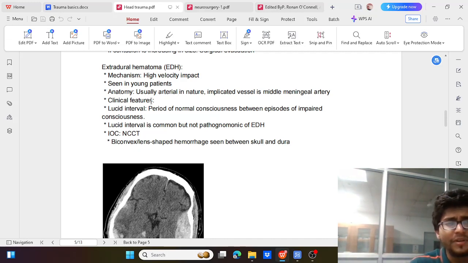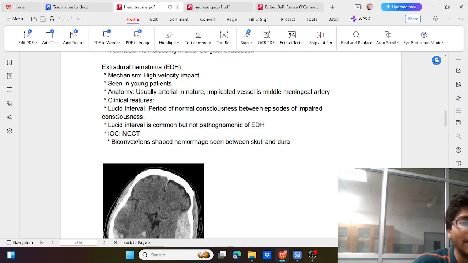How do we understand this? Initially, due to injury there is concussion causing temporary loss of consciousness. Later the patient improves, and as blood collects inside the brain, he again has impaired consciousness, that is loss of GCS over time. So there is a gap of normal period and later he deteriorates.